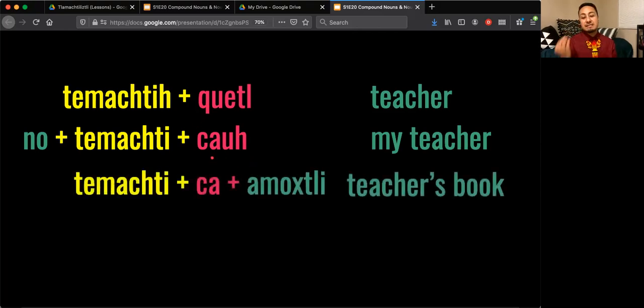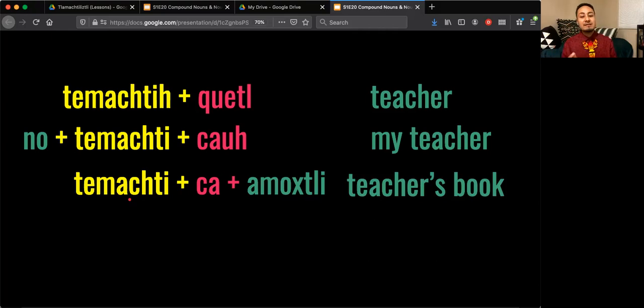Okay, so in the same way that ket becomes ka when you possess it, anytime those nouns that end in ket combine with other nouns, that ket becomes ka. So if you wanted to say teacher's book, you would not say temachti amoshli, you would say temachtika amoshli. Kind of like in the past when I was saying temachtikatsin, to say a teacher in a nice way, you were adding the ka.